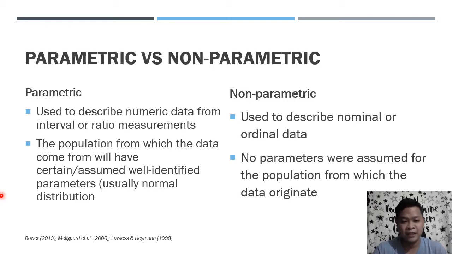Because non-parametric tests don't require any assumption of parameters or normality of distribution. Typically, they say that whenever possible, parametric tests give better results. However, there is no point in using them if they do not meet the criteria.